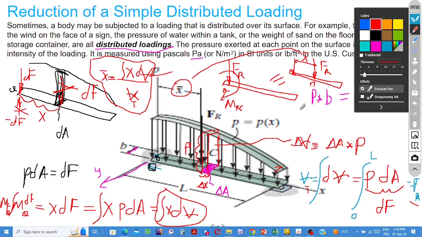If we know or can find the centroid of the volume under the load curve, then its coordinate will also be the coordinate for the resultant force. Such a distance away, the resultant force is applied to be able to produce the same effect as that of the distributed load.